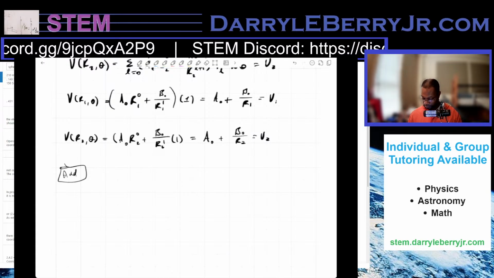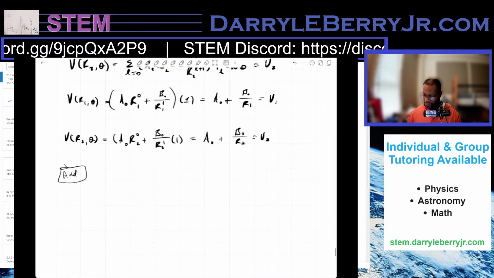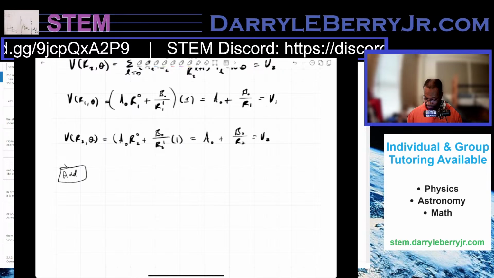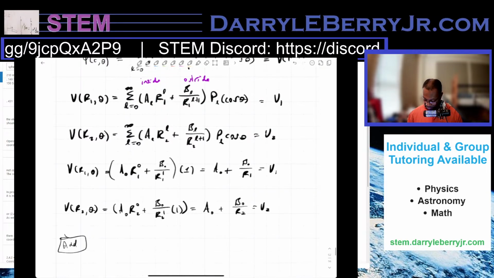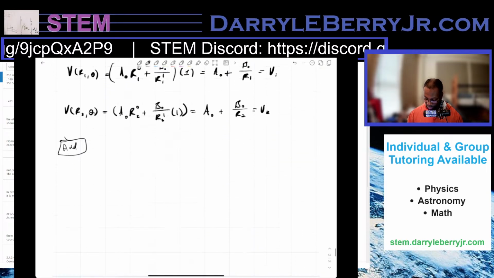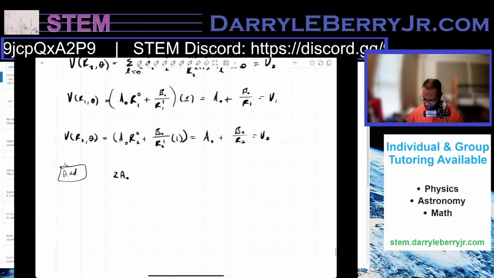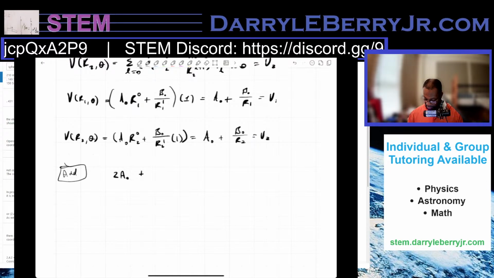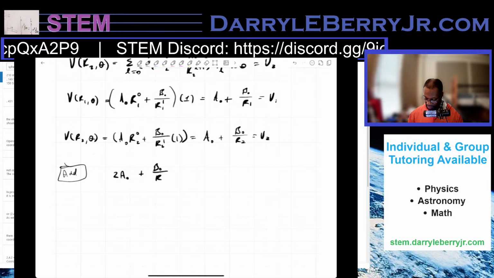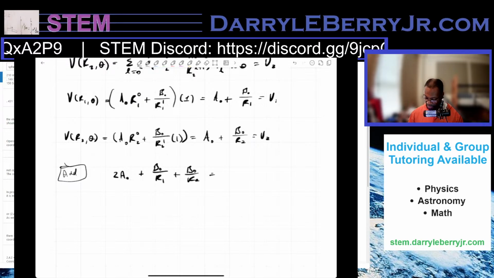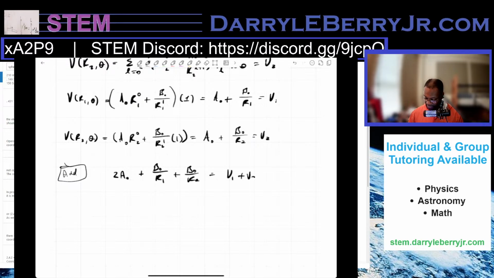So what we'll do here is add these two. If I add these two, I get 2 A naught plus B naught over R1 plus B naught over R2 equals V1 plus V2.